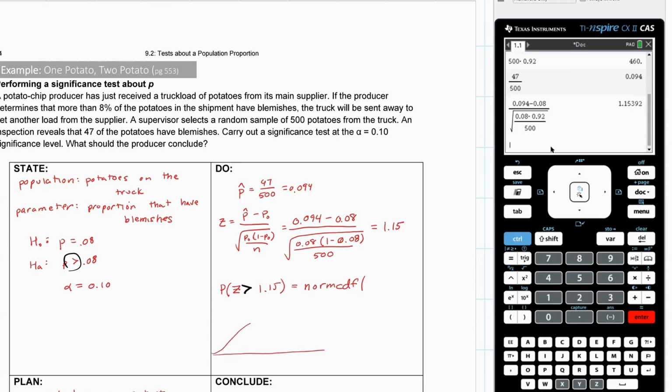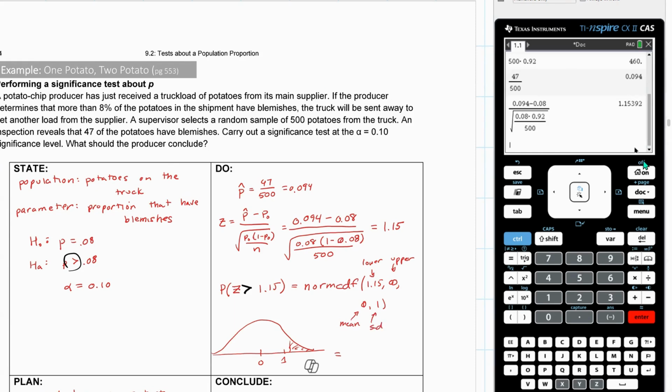So imagine again that we're centered at 0, standard deviation of 1, and here we're at 1.15, and we want to know the greater than. So that is 1.15 to infinity with a mean of 0 and a standard deviation of 1. And again, document everything: lower, upper, mean, standard deviation.